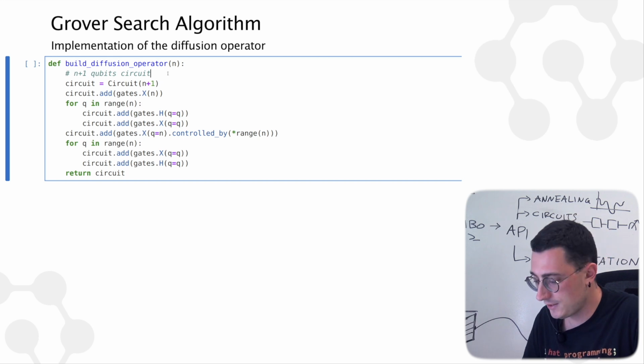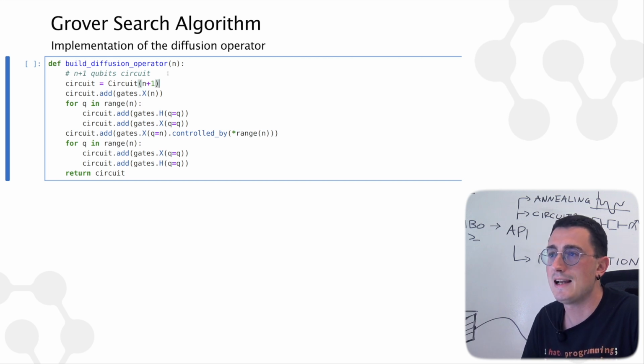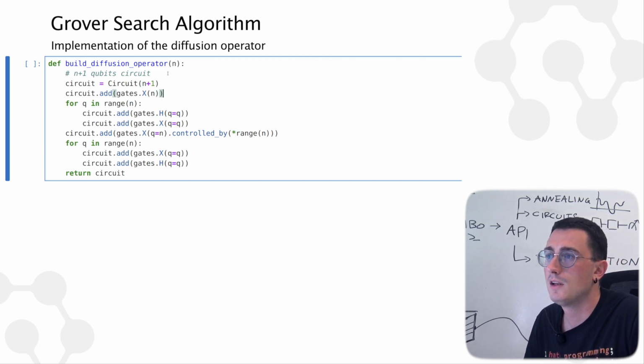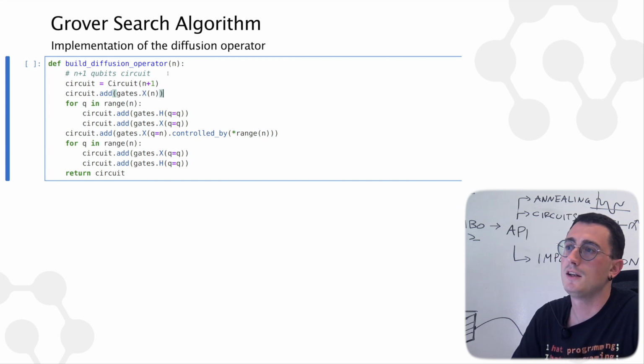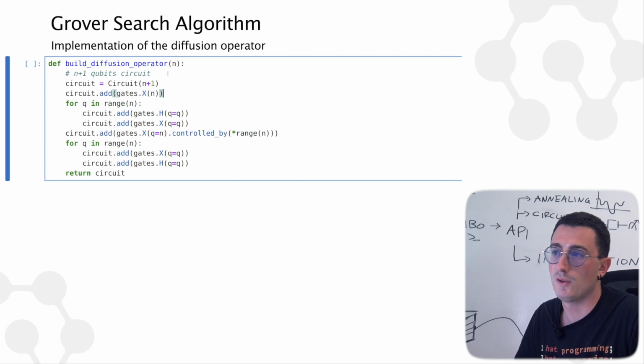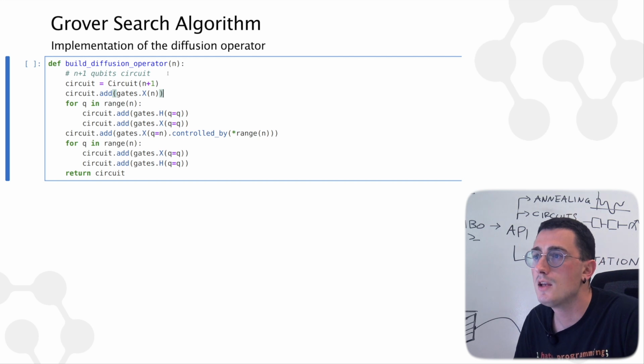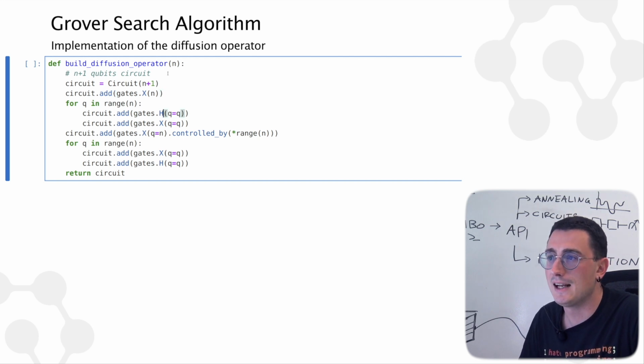Then, going through the lines, we are initializing a quantum circuit of n plus 1 qubits, input register plus ancilla. Then we apply an X gate to the ancilla, and this is useful to preserve the sign of the diffusion operator, as already mentioned. Then we apply a Hadamard gate and NOT gate to each qubit of the input register.